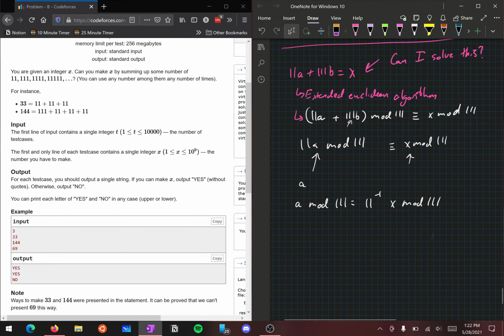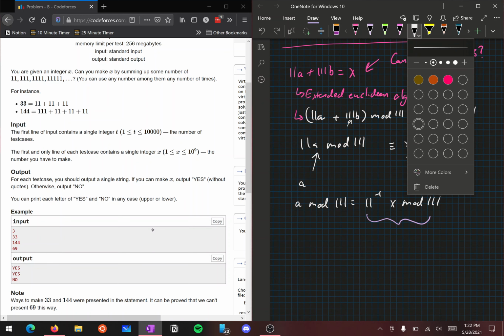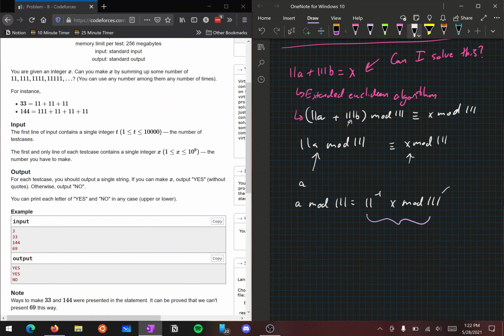So then this just comes down to computing the modular inverse of 11 in the world of mod 111, and we can do that pretty easily because this number is not very big.